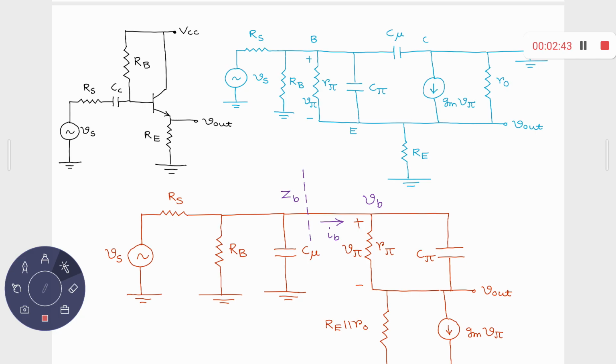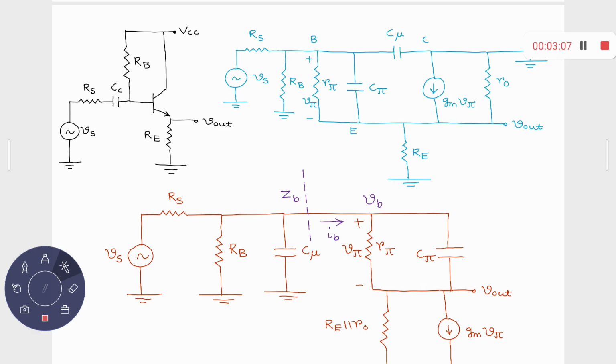Now, you have already encountered this small signal model for the common collector amplifier or emitter follower. Same thing, only with the inclusion of two internal capacitors. One is C_pi, the second one is C_mu, right? So notice here, this one is Vs, the signal source with the source resistance Rs, and you have this RB connected from the base terminal to the AC ground.